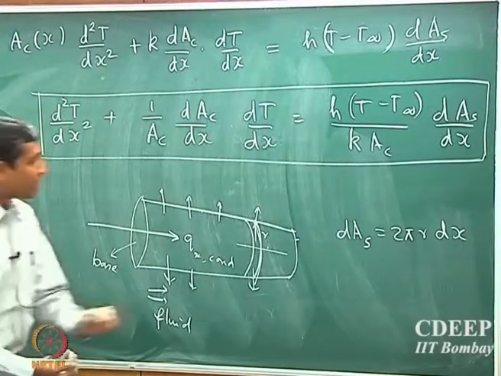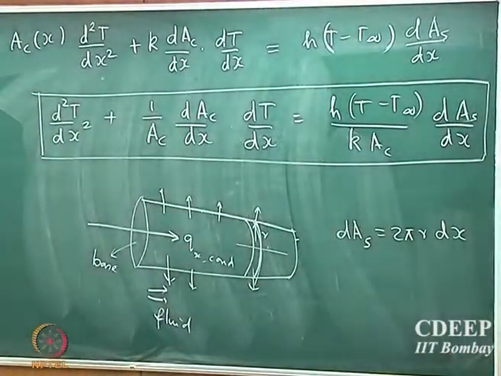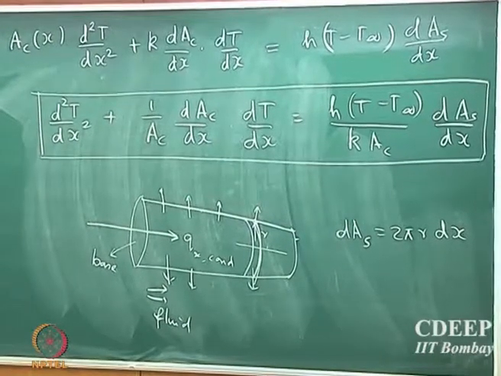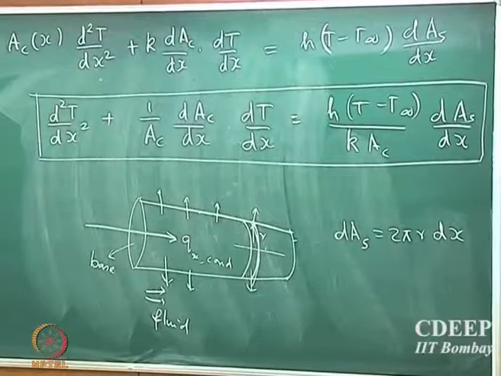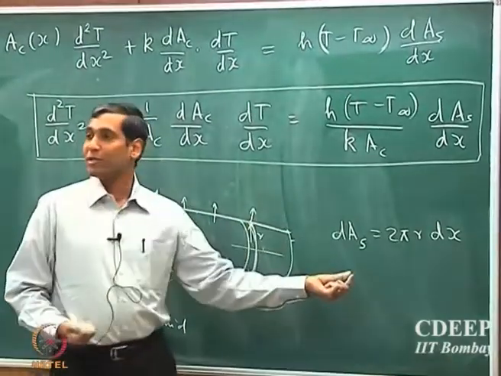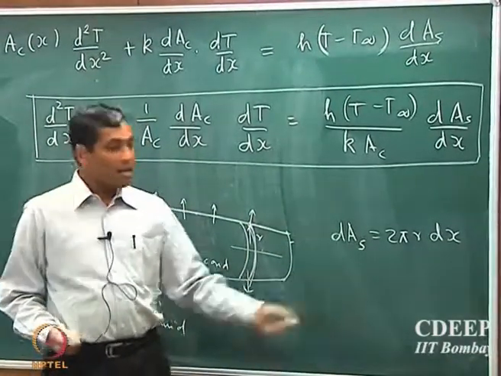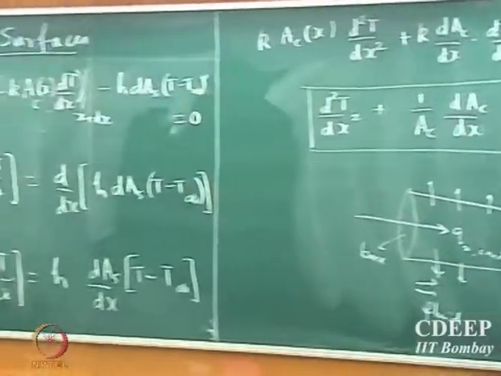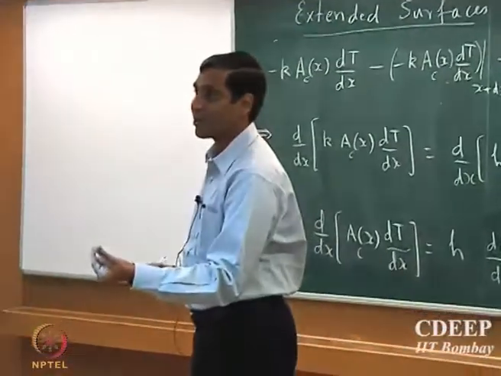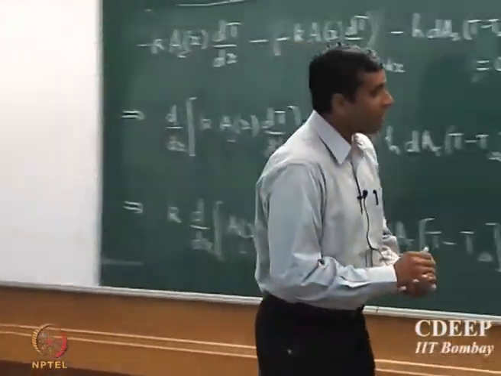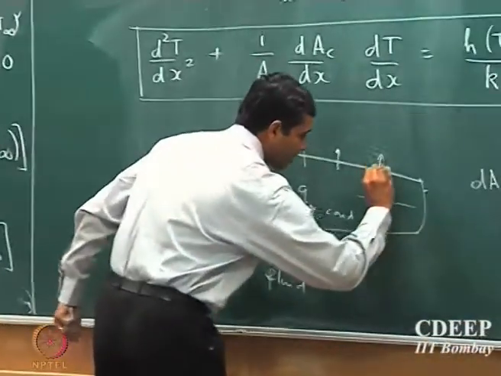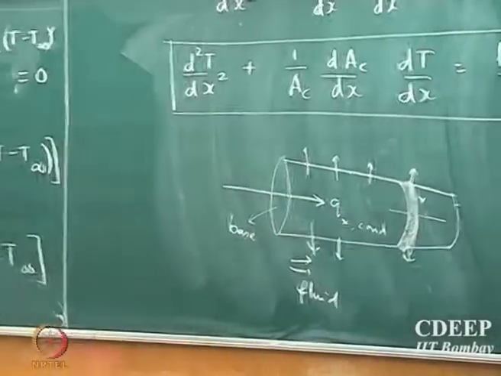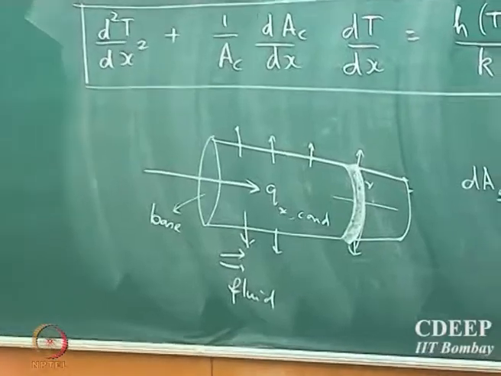You cannot define it otherwise, because for any heat transport to occur, you need a cross sectional area, correct? You need some cross sectional area at which the heat transport is going to occur, and so at any given location you need a definite thickness in order to define the heat transport process. So supposing I know the total length, then I know the total surface area of heat transport.